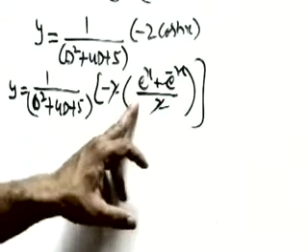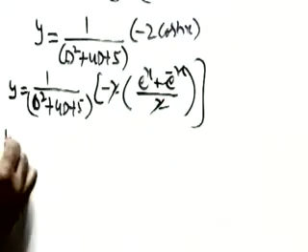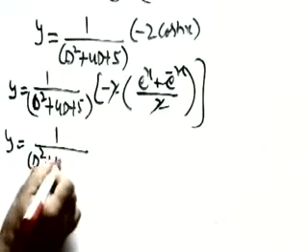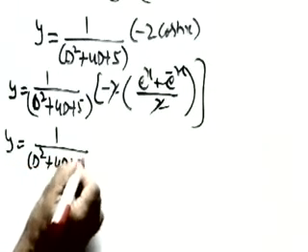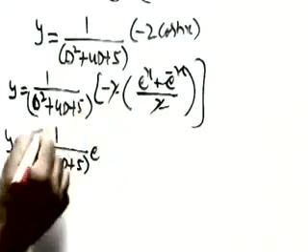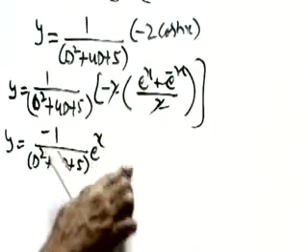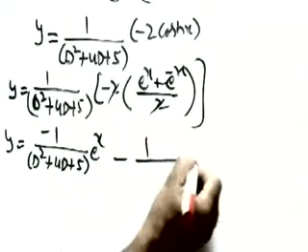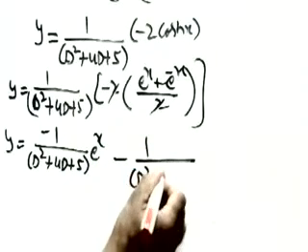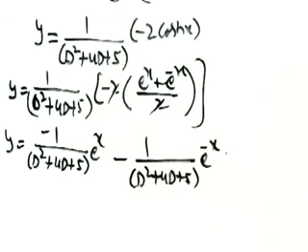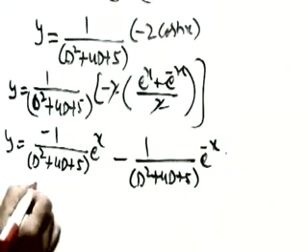Let me cancel this 2. Now separate this into e power x and e power minus x. So y equals 1 divided by D square plus 4D plus 5 into minus e power x, and again minus, so minus 1 divided by D square plus 4D plus 5 into e power minus x.